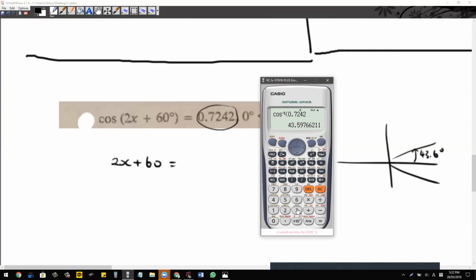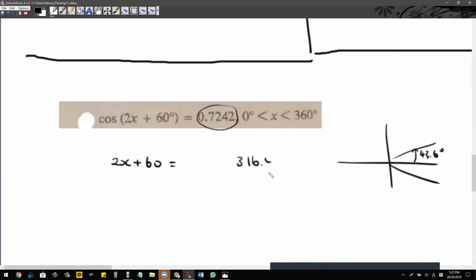Now, of course, we can do 360 minus that, and then we figure out 316.4 degrees. You could do negative 43.6 degrees to indicate this branch, or you could do 316.4 degrees. But you prefer this one, right?